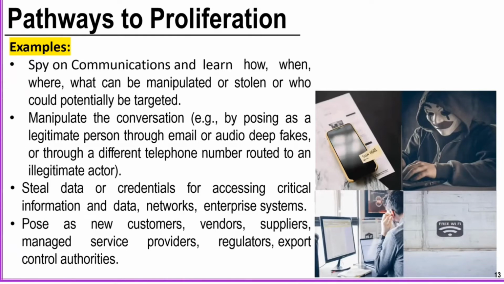Another mode is manipulation of the conversation by posing as a legitimate person through email or audio, or through a different telephone number routed to an illegitimate actor. The sensitive data or credentials can be stolen for accessing critical information, networks, enterprise systems, or biosecurity sensitive data.